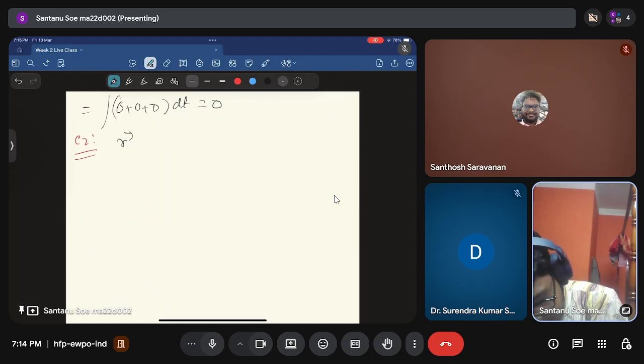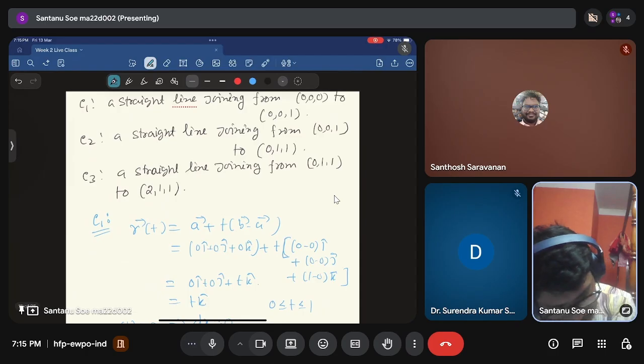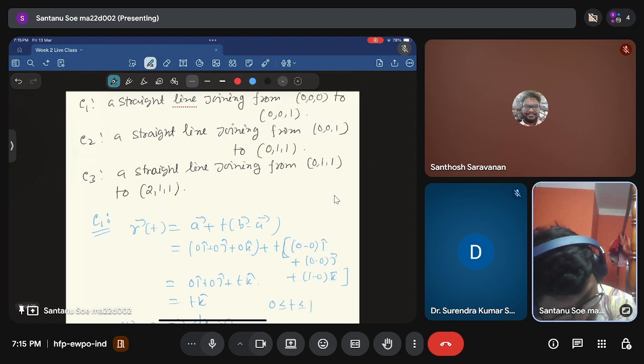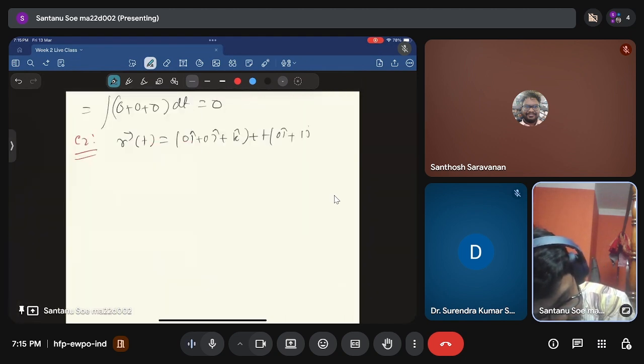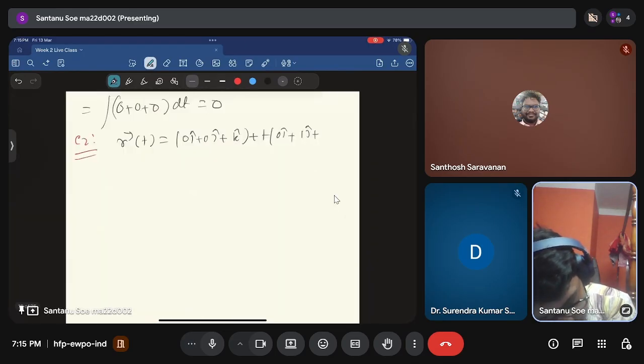So our r of t will be 0i plus 0j plus k, plus t times (0 minus 0)i plus 1j plus (1 minus 1) 0k. So this will be just t j, where 0 is less than or equal to t, which is less than or equal to 1.